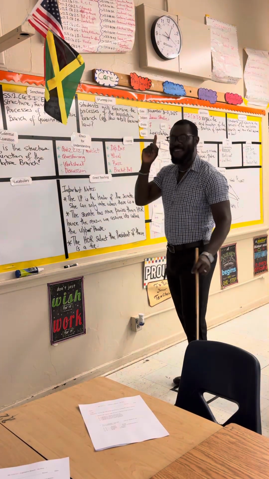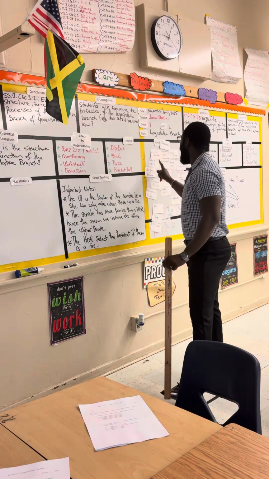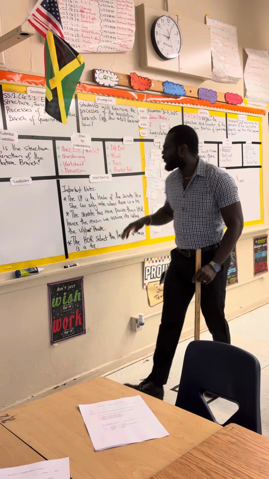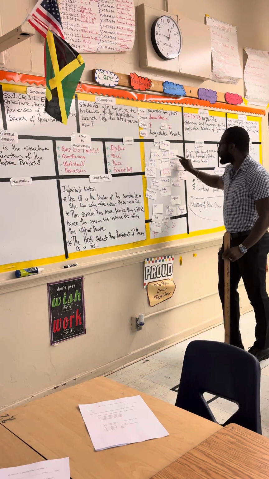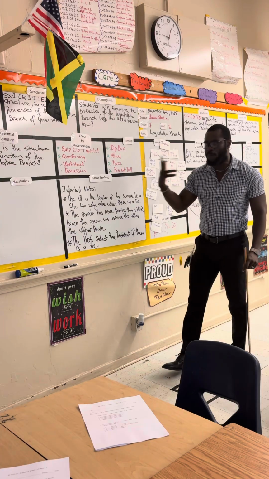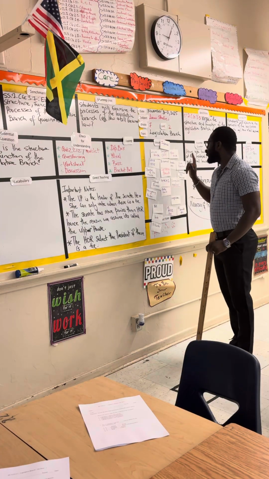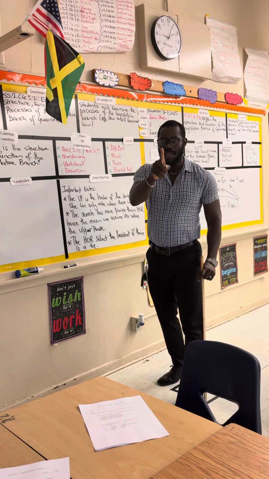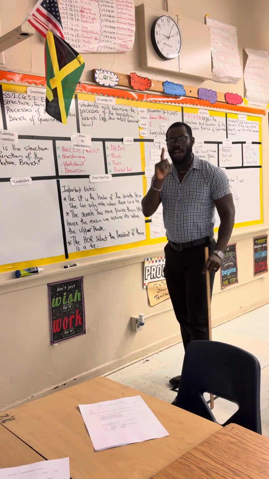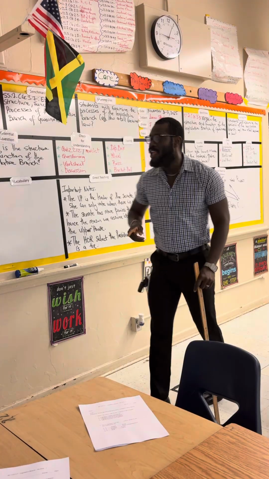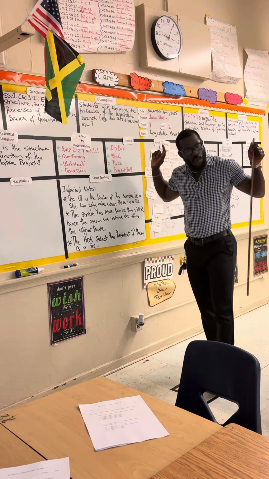We have to live in the state we want to represent, and be a citizen for at least 7 years. On our way to the upper house, which is the Senate, we have 100 members, 2 per state. And for you to be a senator, you have to be 30 years old, a citizen for at least 9 years, and you must live in the state that you want to represent.